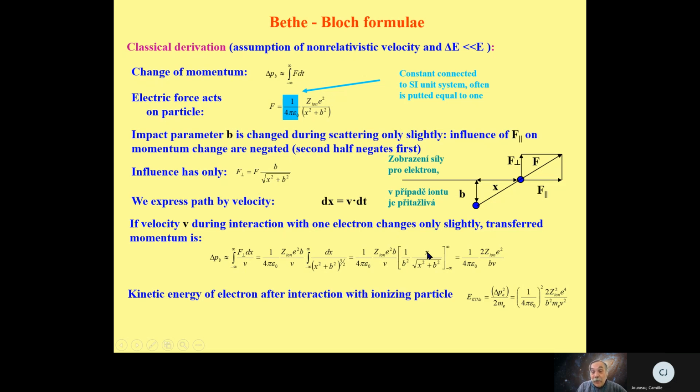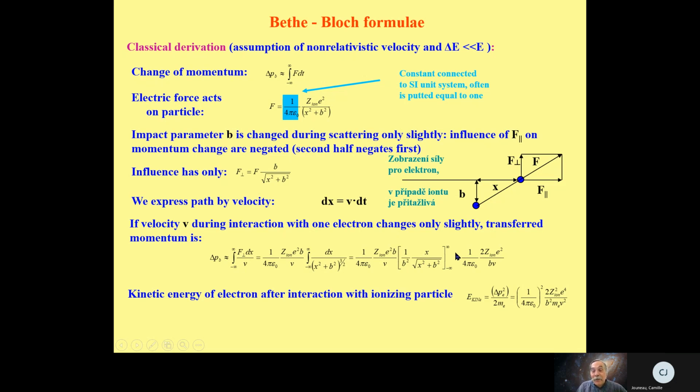Here you have plus infinity and minus infinity, that means infinity divided by infinity, this is 1, or x divided by x is 1.